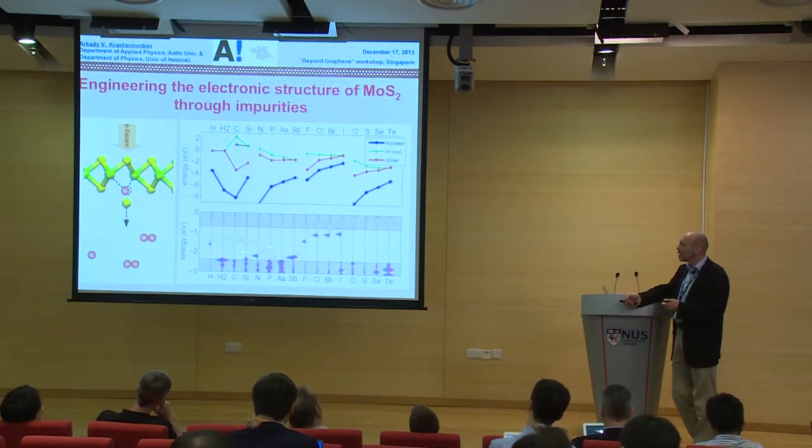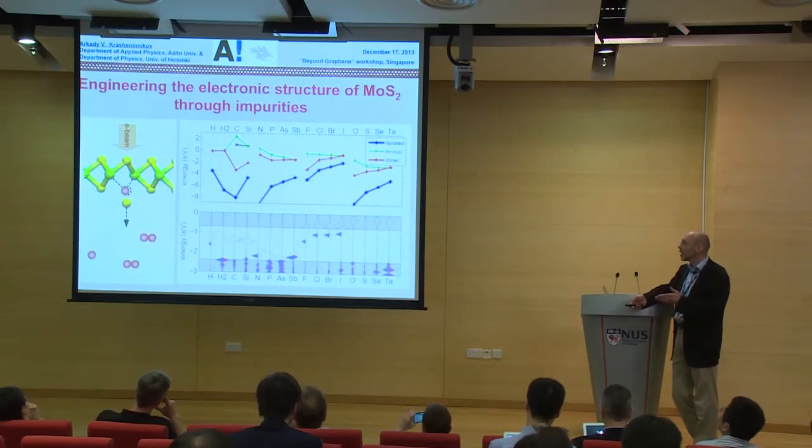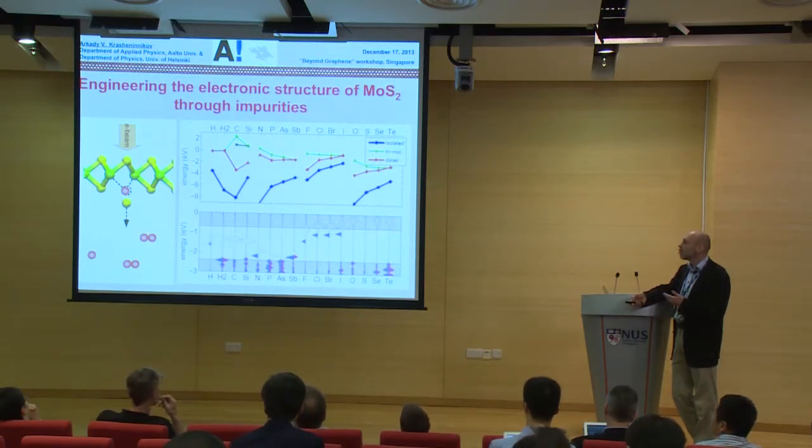These are band structure calculations for different impurities in molybdenum disulphide. And of course, all the configurations are energetically favorable because dangling bonds are chemically very reactive. So it's unfavorable to have dangling bonds, or basically vacancies, in molybdenum disulphide.